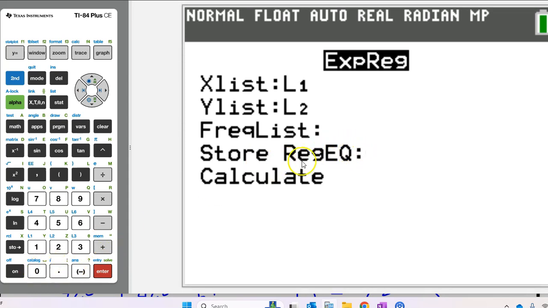Anyway, always tell your calculator to store the regression equation in y1. So come down to here and type in y1 by hitting alpha, trace, enter. Now just hit enter a couple more times and the calculator will give you the values of a and b.